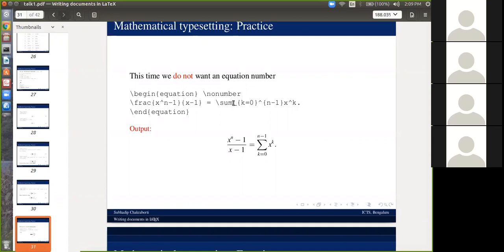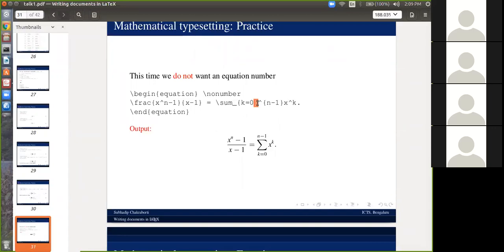Okay, after this underscore, you write k is equal to 1, and then the upper limit as a superscript, n minus 1.